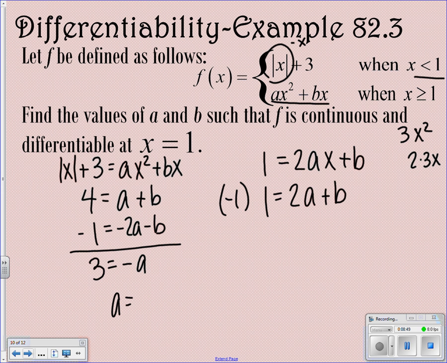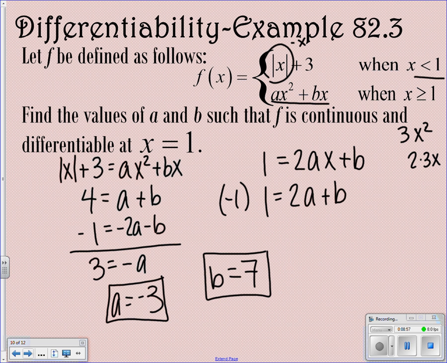So a would equal -3. And if a equals -3, b would have to equal 7. But again, you can use substitution there if you would like. But on these, you're going to have a specific a and a specific b value. You're not going to have just an equation where they have to add up to a specific number.